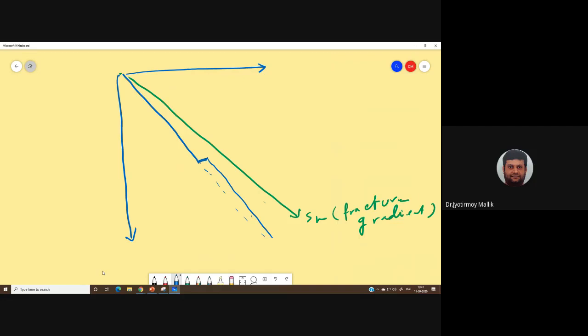Now, for example, this has happened, say, at a depth of 2000 meters. And then, for example, I have a sandstone layer. Okay? Maybe after that, I have a sandstone layer.